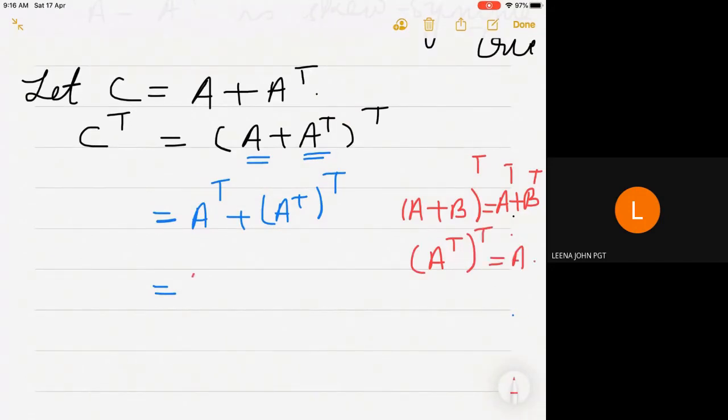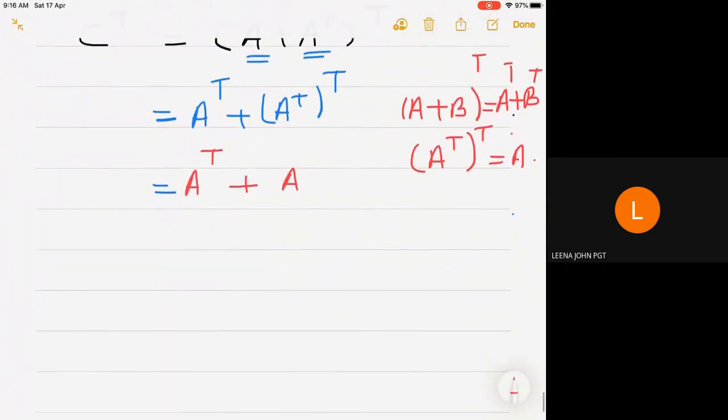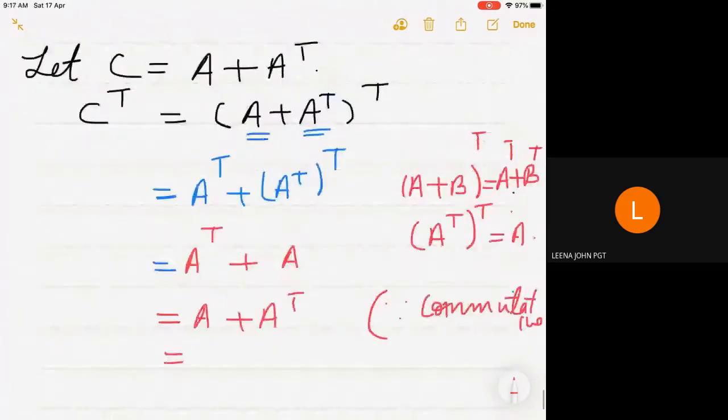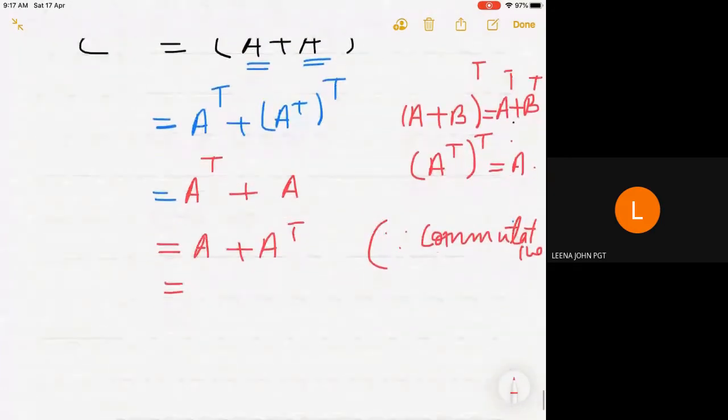Applying that, the second term converts to A, and this is again equal to A plus A transpose because of the commutative property of addition. So finally what you are getting is C again, because C was already defined as A plus A transpose.